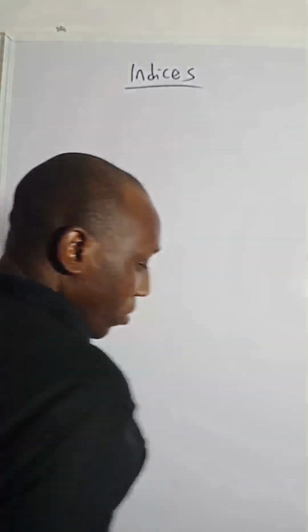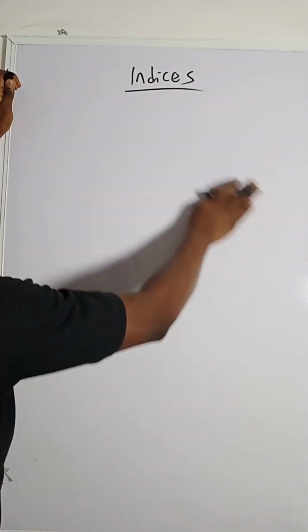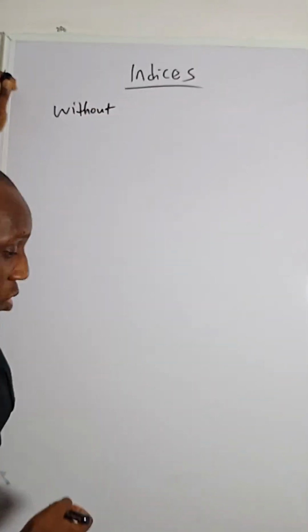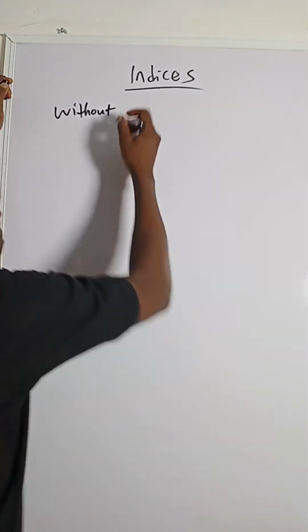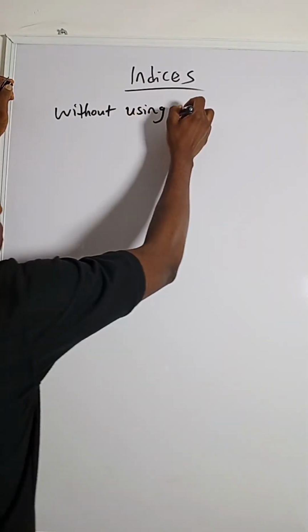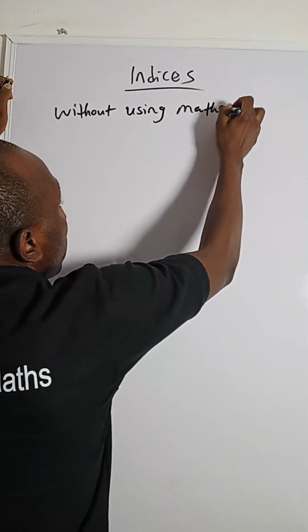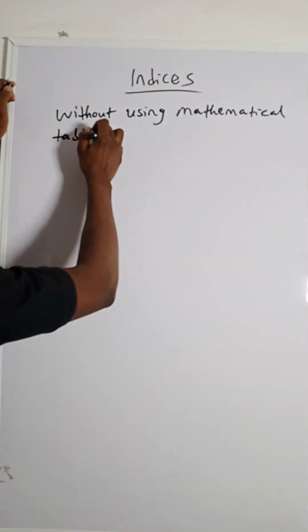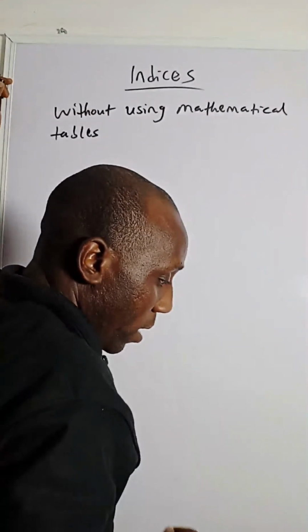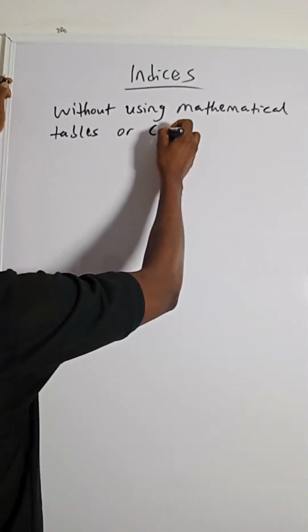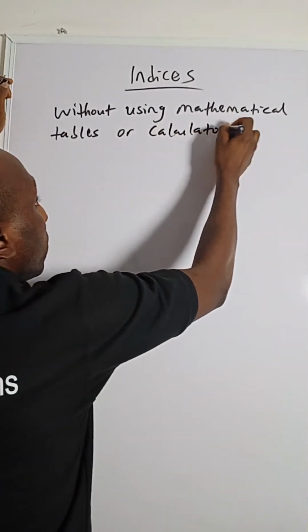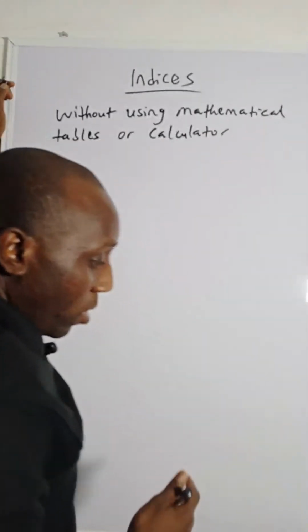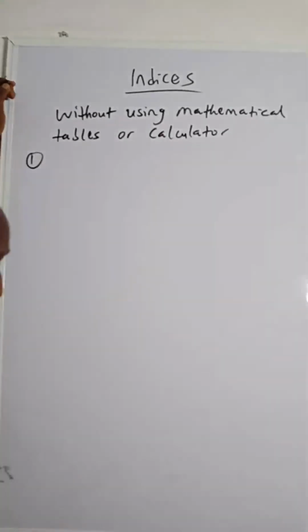So let's look at some examples on this. But I'll write the instruction here first. You can write without using mathematical tables or calculator. So the first one we have here is this.